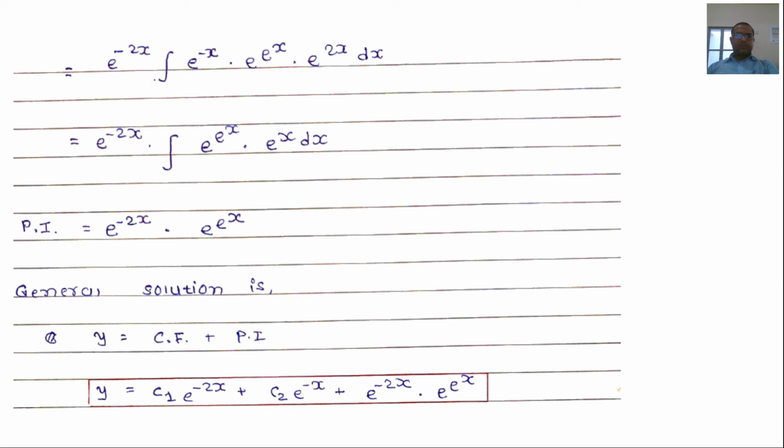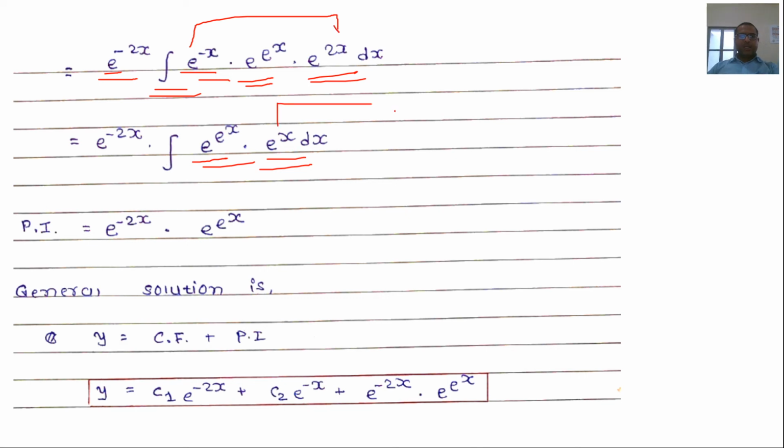So you will get e raised to minus 2x by applying the formula, e raised to minus x into e raised to x, e raised to 2x. By modifying this you will get e raised to x into e raised to x, because here is e raised to minus x and e raised to plus 2x. So you will get e raised to x.